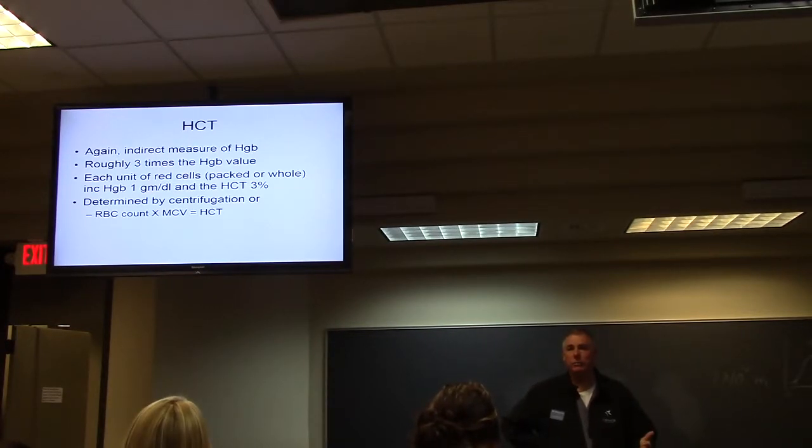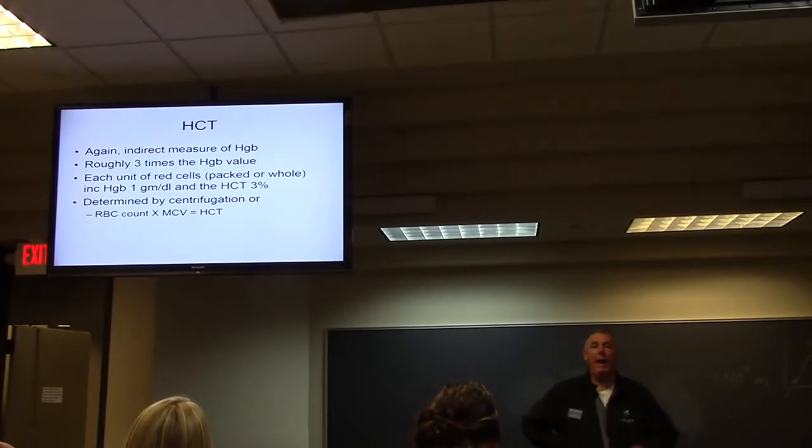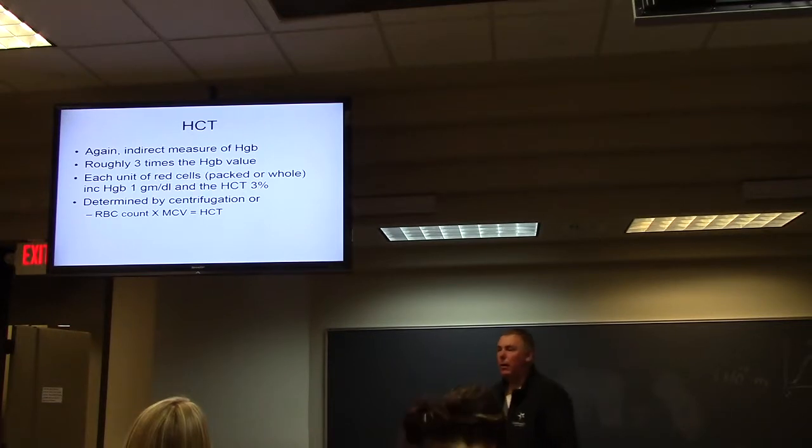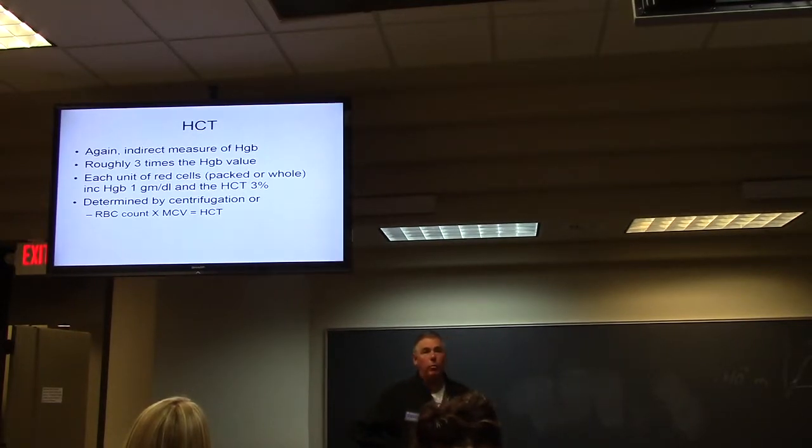You only need the oxygen carrying capacity. You don't need the plasma. So you get packed red cells. However, a unit of packed cells, or a unit of whole blood, will raise the hematocrit 3 points, which is the same thing as raising the hemoglobin about a point. Right? Pretty simple.